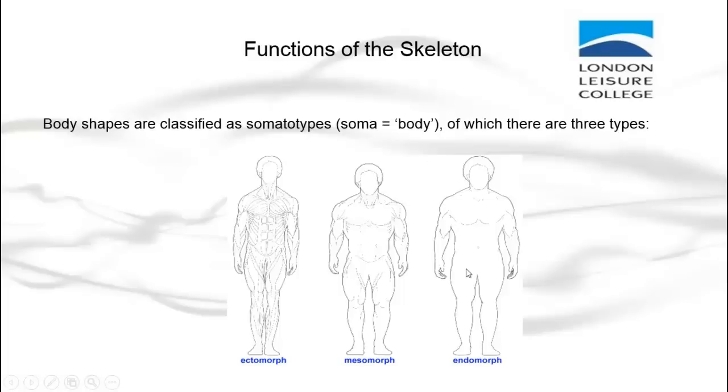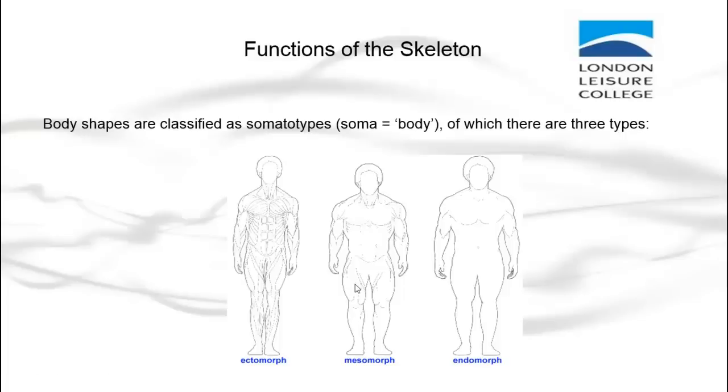The characteristics of the endomorph are that they tend to have a lot of muscle, but they also tend to carry a lot of body fat. Okay, so if we're thinking of athletics performance, your ectomorphs would be your marathon runners. Your endomorphs would be your shot putters, your power lifters, and your mesomorphs will be your 100-meter sprinters.